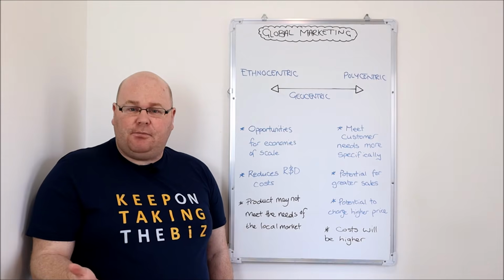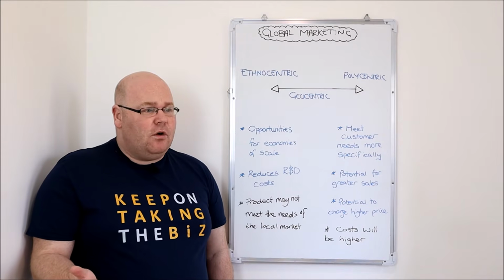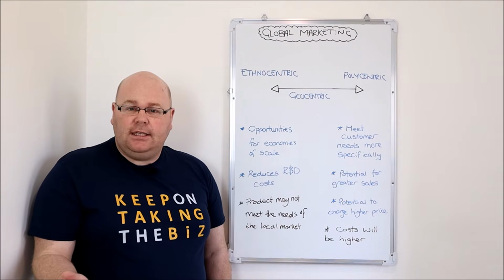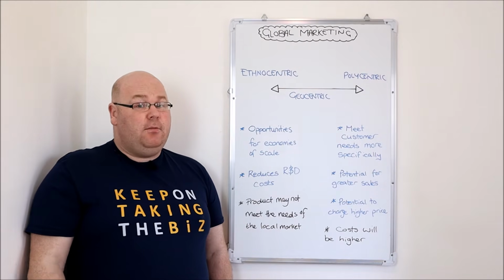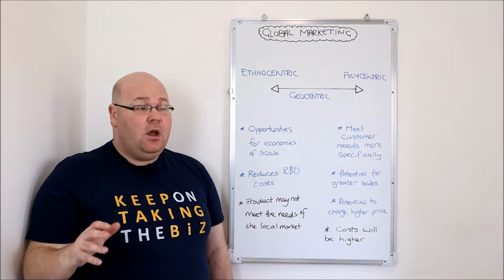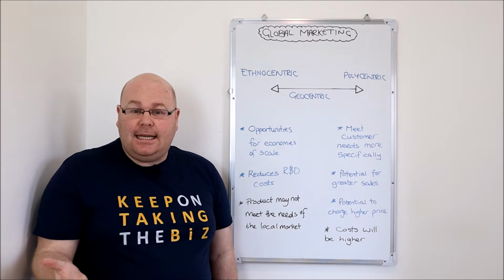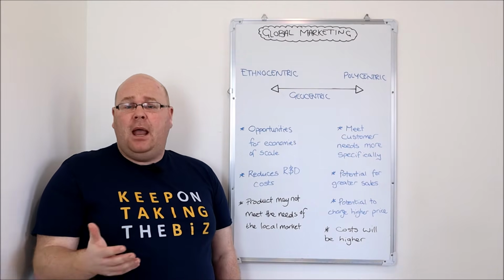Instead, they change the product that they have for sale in their grocery stores. They conduct research into what the needs of the local market might be, rather than assuming that the needs of customers in the UK will be the same as the needs of customers elsewhere.